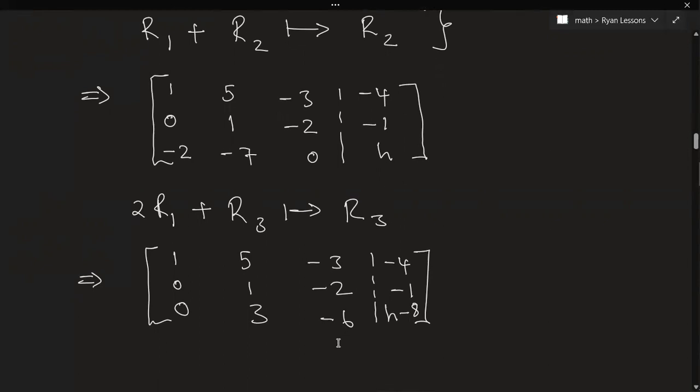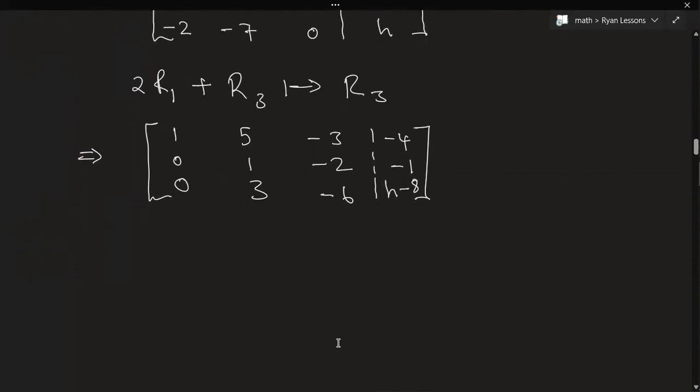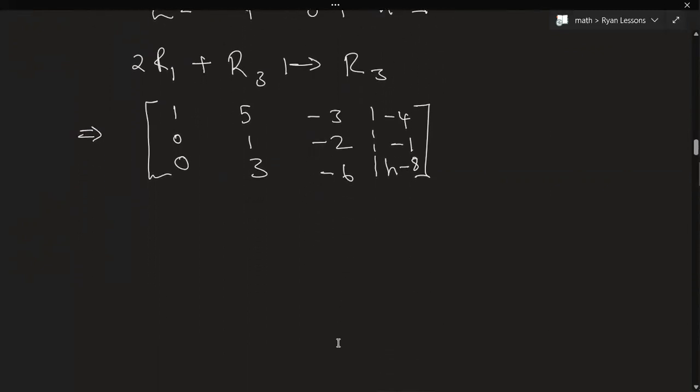Now, what's next? So now we can say the top is fine. So now let's deal with the bottom. To deal with the bottom, what I'm going to do is take row 3, and from it, I'm going to subtract 3 times row 2, and then put my result in row 3.